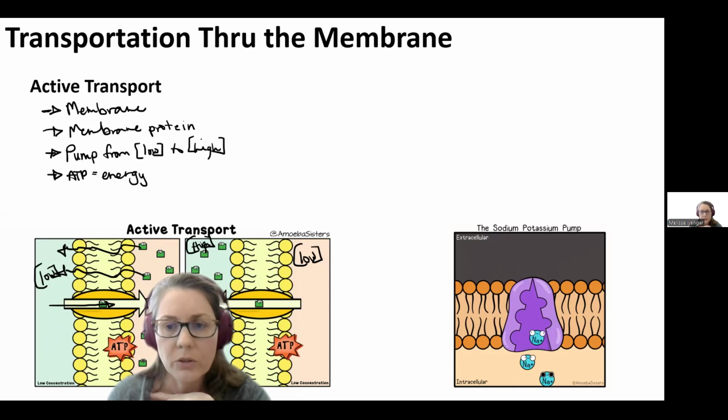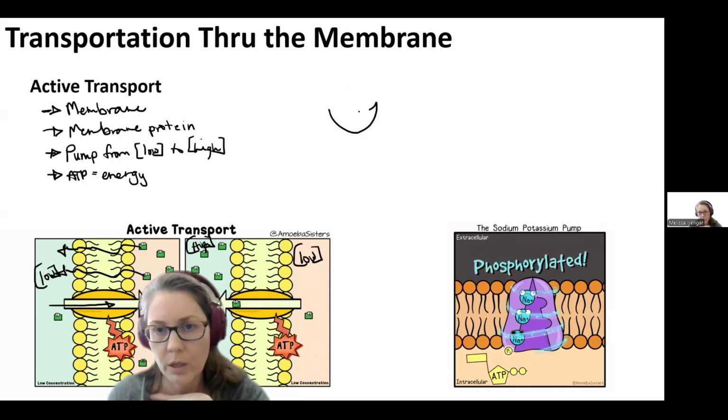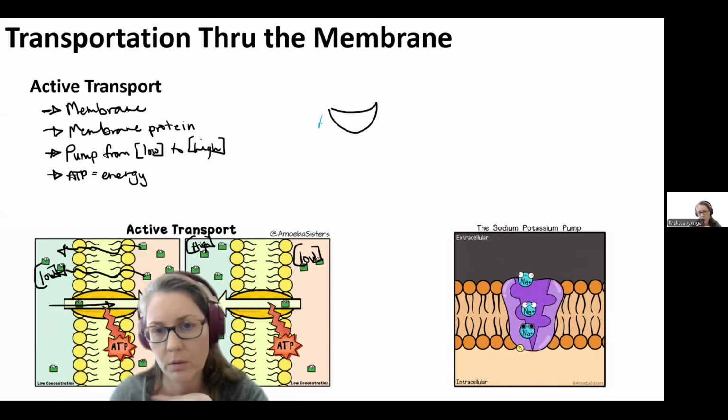I like to think about active transport. I used this example in one class as like this. You're in a boat. There's my boat. Okay, it's not the greatest boat, but hey, it floats. There's my boat in water. Oh no, I sprung a leak in my boat.